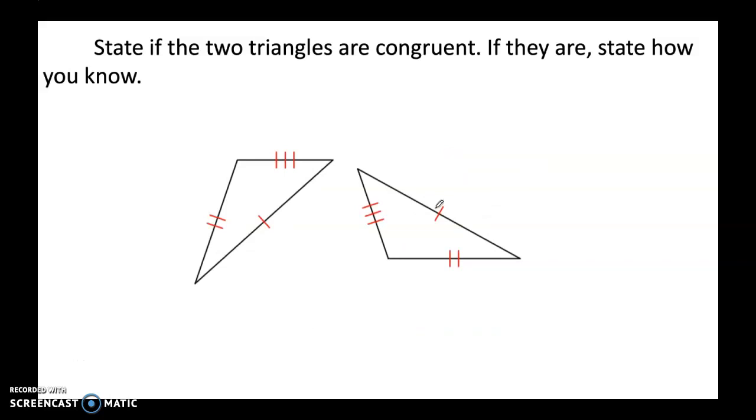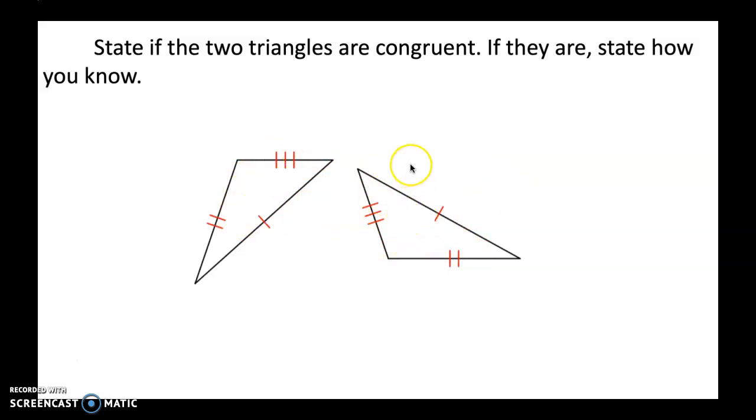Based on the illustration, again, can you identify if the two triangles are congruent and determine the postulate? By the illustration, as you can see, we have three sides congruent to the three sides of another triangle.